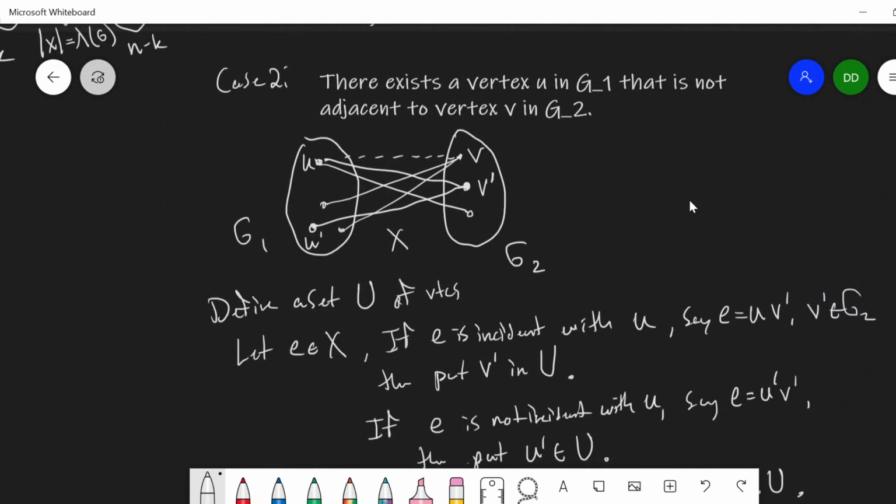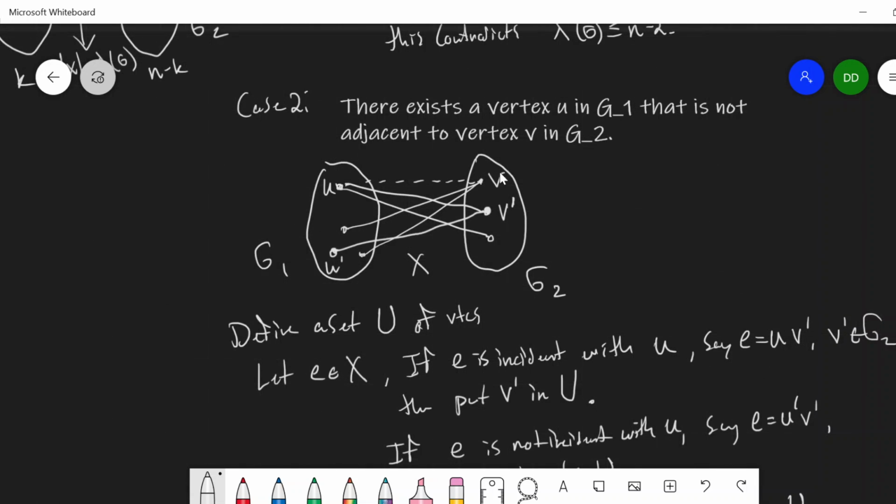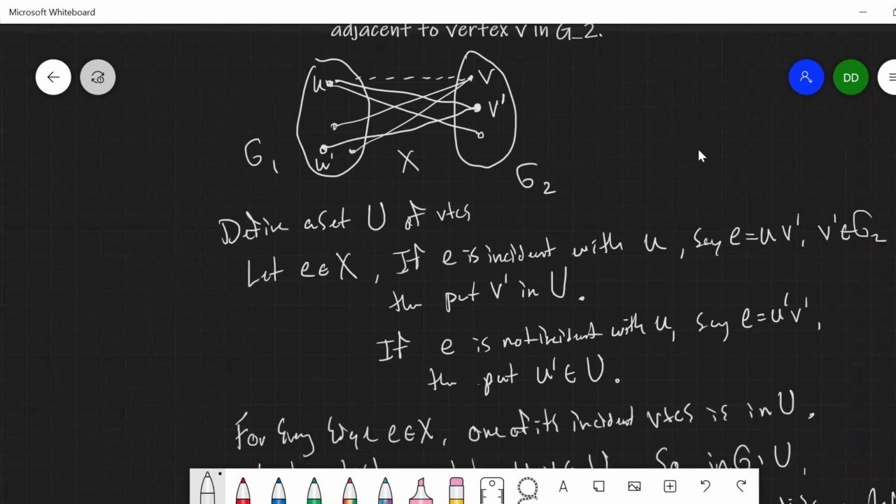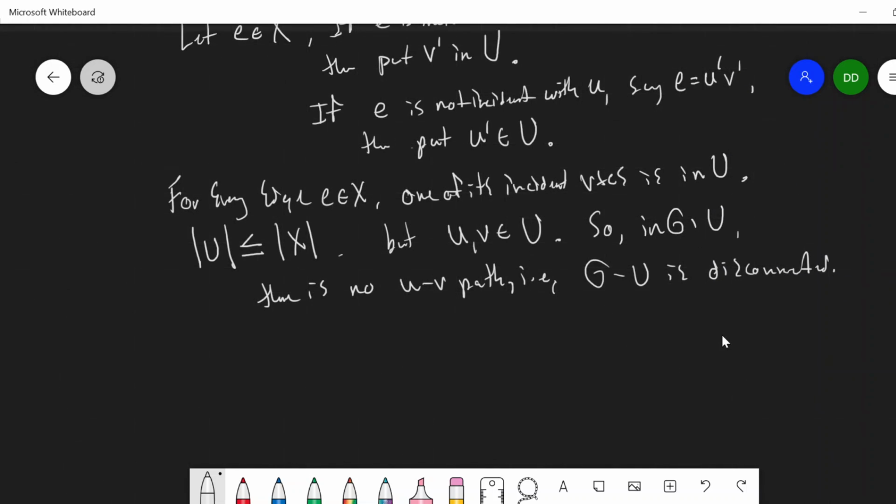So how do I know that? I don't remove u and v, they're still in G minus U. And then by removing one of each of the incident vertices of each one of these edges, I've removed all these edges. And so I would still have at least these two components, G1 and G2. u is in G1, v is in G2, and so there'd be no way to get a path from u to v in G minus U. So G minus U is disconnected. U is a vertex cut.